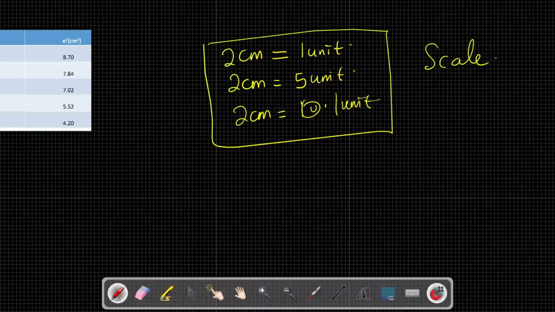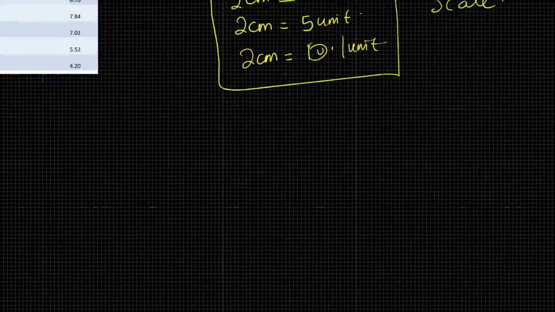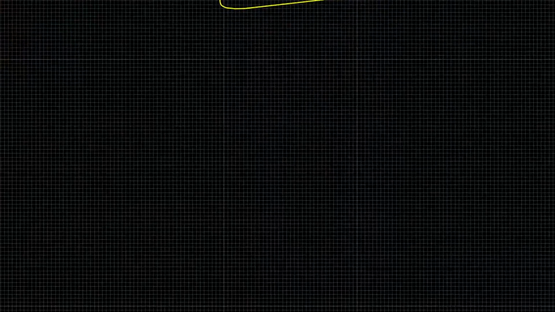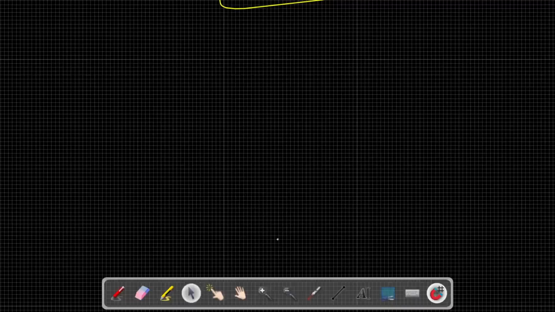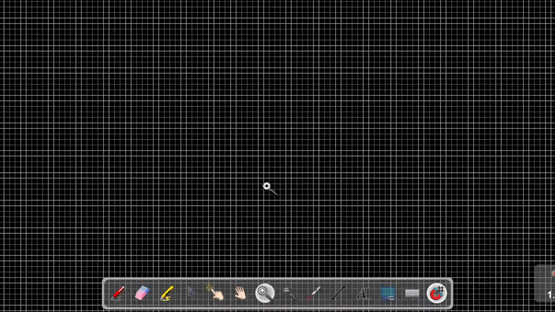Look at what I mean. Let me explain it here. Now, 2 cm in this case, have you seen it? This is the graph we are looking at right now. Let me tell you I'm zooming it so that you see everything.